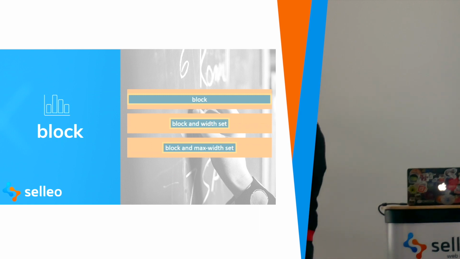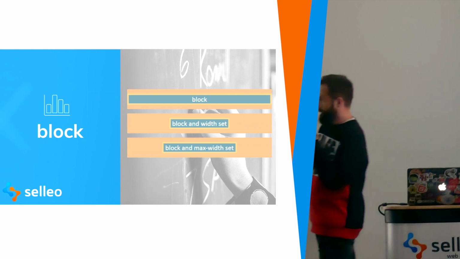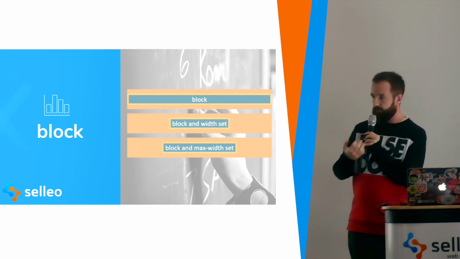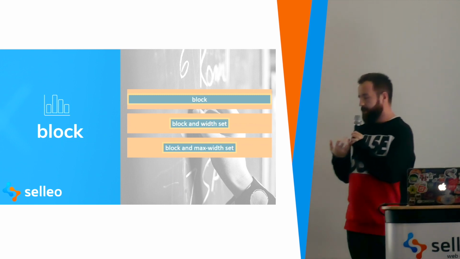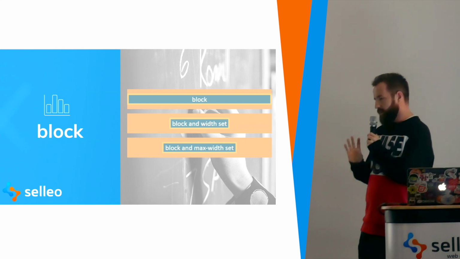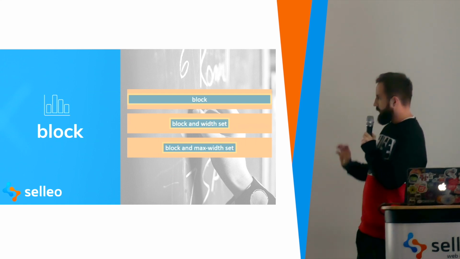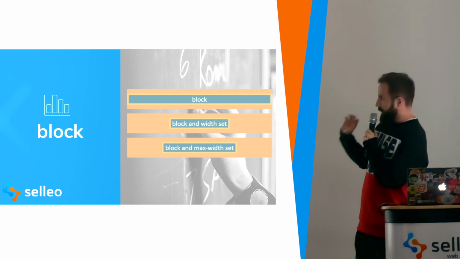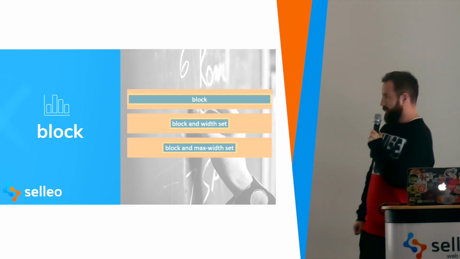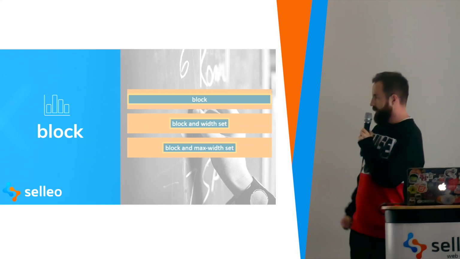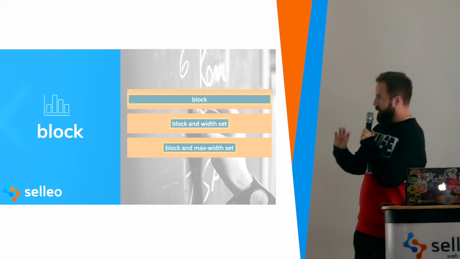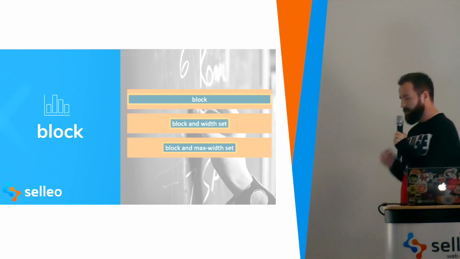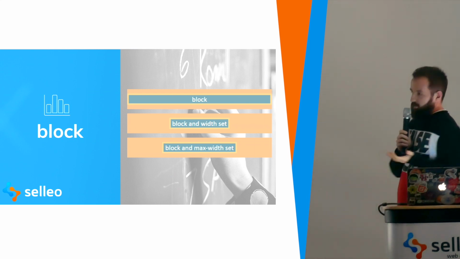In the case of block, blocks by default have the whole page width. In this case, you can see it's from far left to far right. In the block scenario, it covers the whole page, so you cannot see that it's centered.